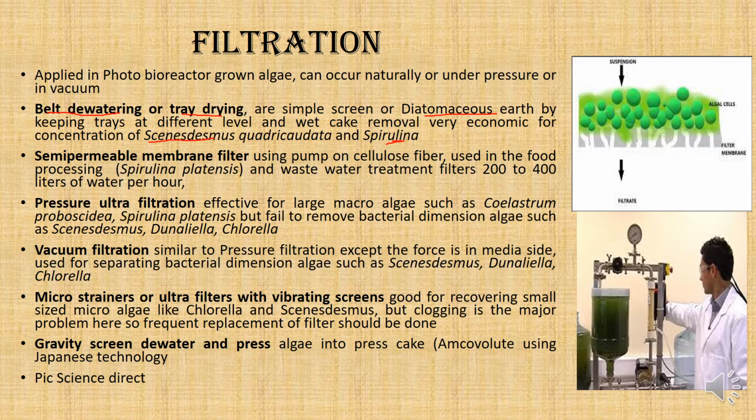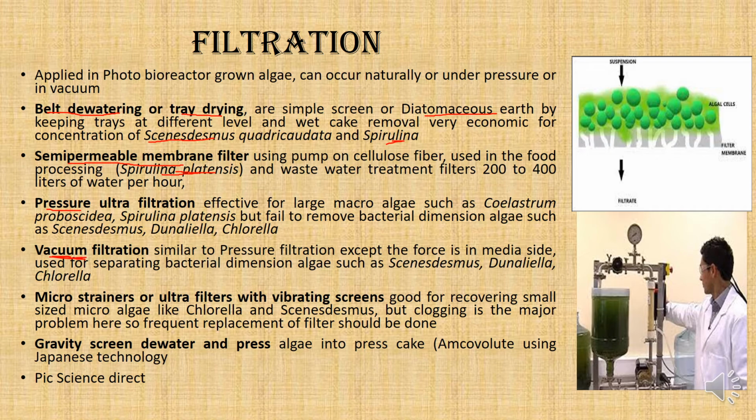But later, semi permeable membranes came into the picture, and they improved the efficiency as well as reduced the time spent on the filtration process. It was even used successfully for filtering spirulina. And later it was found that the efficiency of semi permeable membrane filtration can be improved by using pressure, or by doing the filtration with a semi permeable membrane in a vacuum.